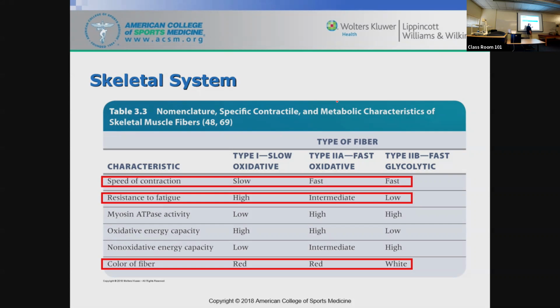The type 2B, those muscle fibers are used for very high-intense activity. I mean, very short, highly explosive movements. They tend to be white in color when you're doing some type of analysis of them. And that's because they lack the oxygen-carrying capacity.